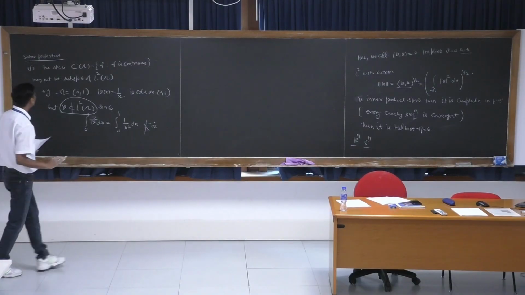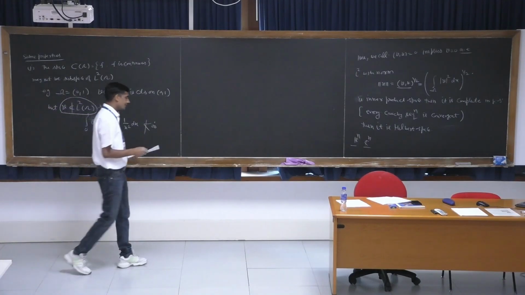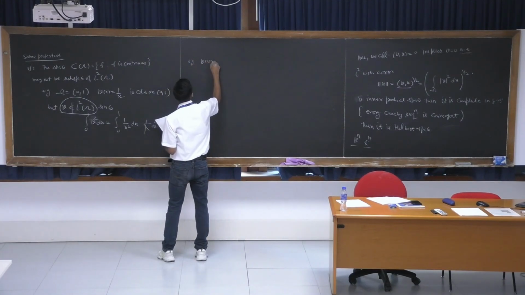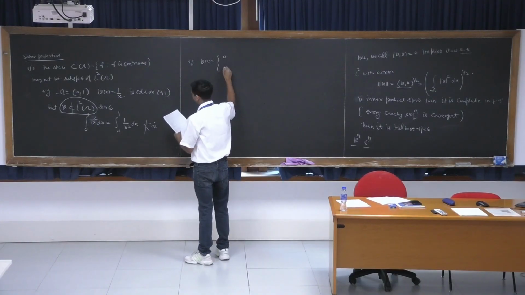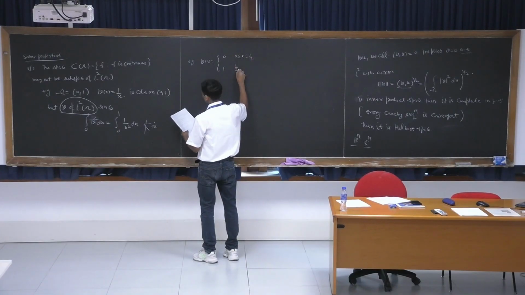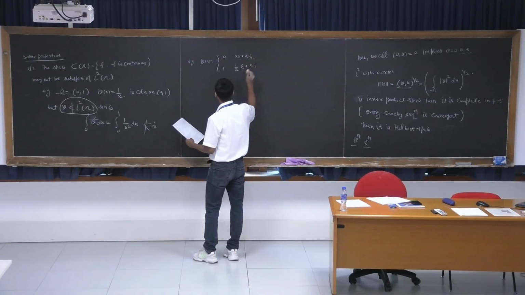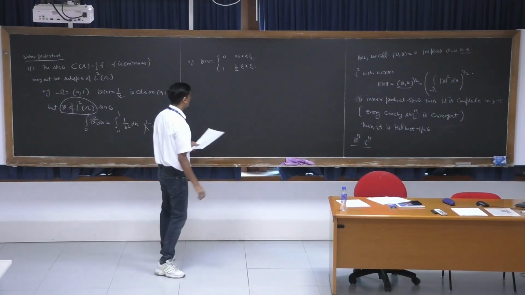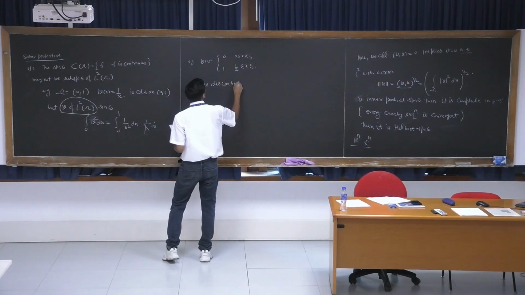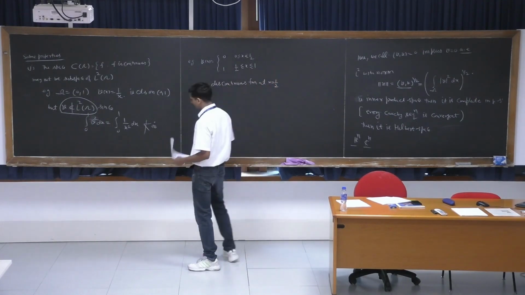Similarly, the reverse also: maybe V belongs to L2 but is not necessarily in the continuous space. For example, suppose I define Vx equal to 0 for x less than 1 by 2 and 1 for x greater than 1 by 2. This V is a discontinuous function at x equal to 1 by 2.